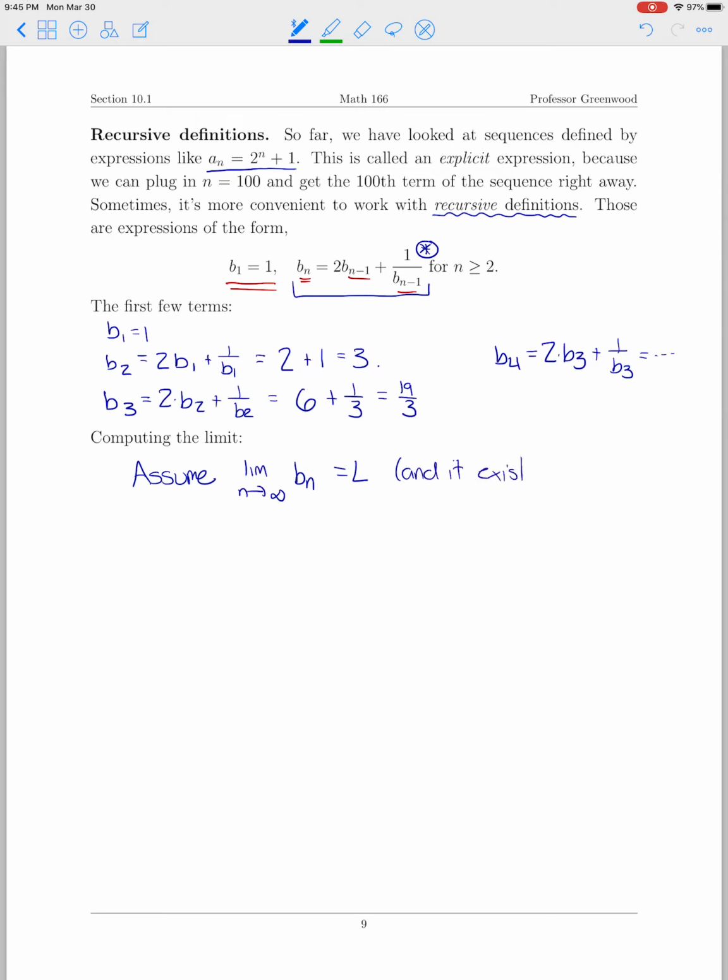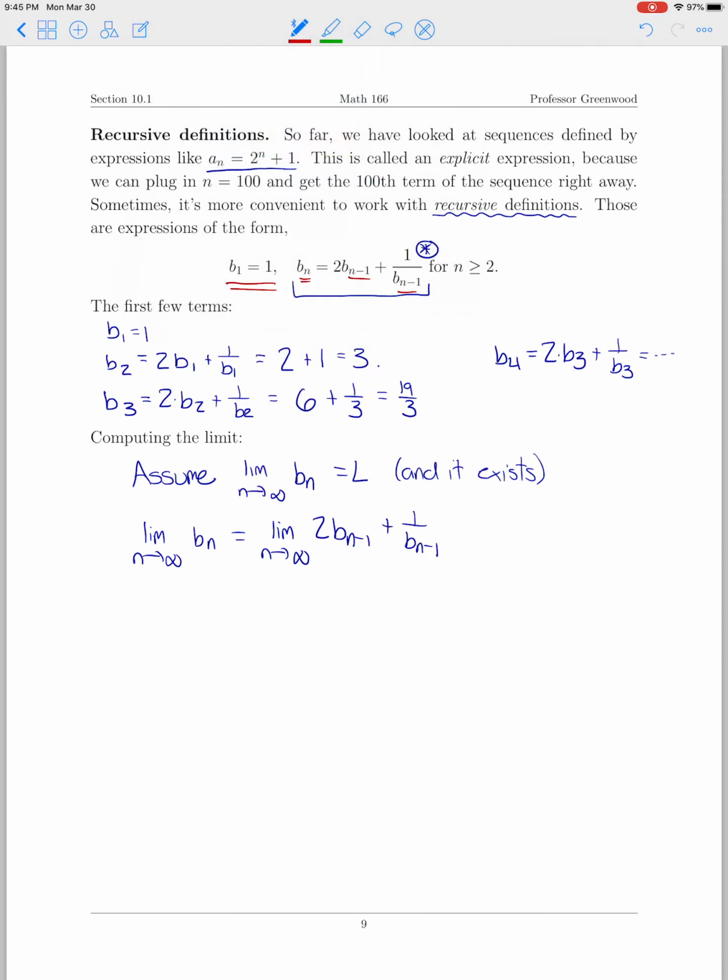This is actually quite a strong assumption, and we might have to do some work to actually show that the limit exists. But for now, we're not going to worry about that, and we might find some tools later on that'll help us show that a limit actually does exist for a sequence like this. But if we do know that information, then we can write that the limit as n goes to infinity of b sub n is going to have to be the limit as n goes to infinity of 2 b sub n minus 1 plus 1 over b sub n minus 1.